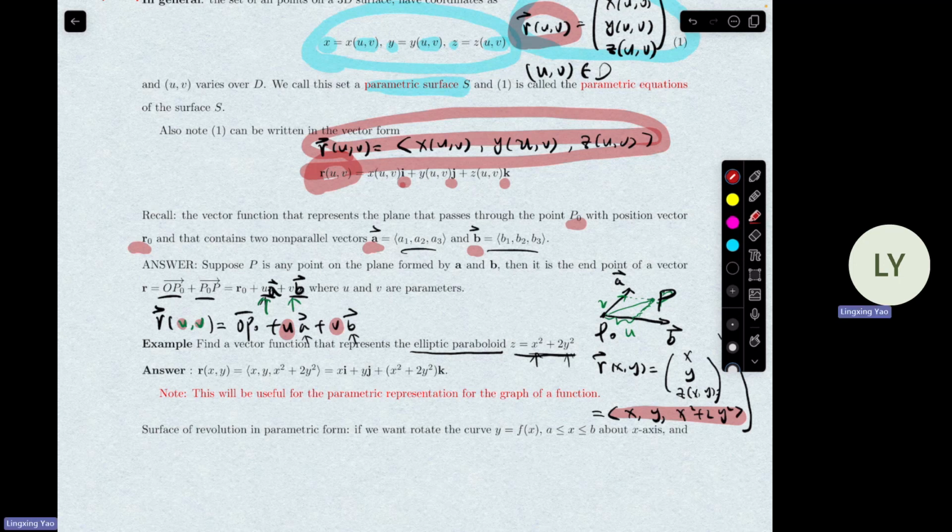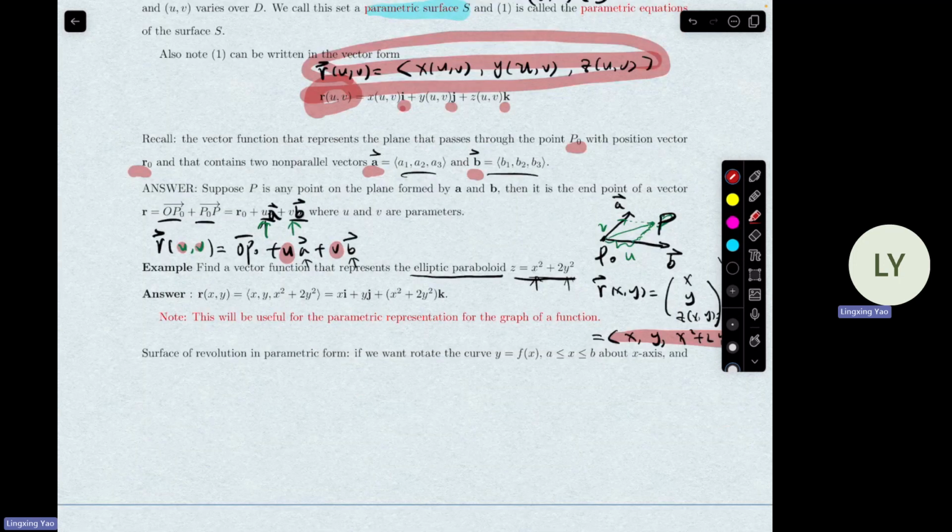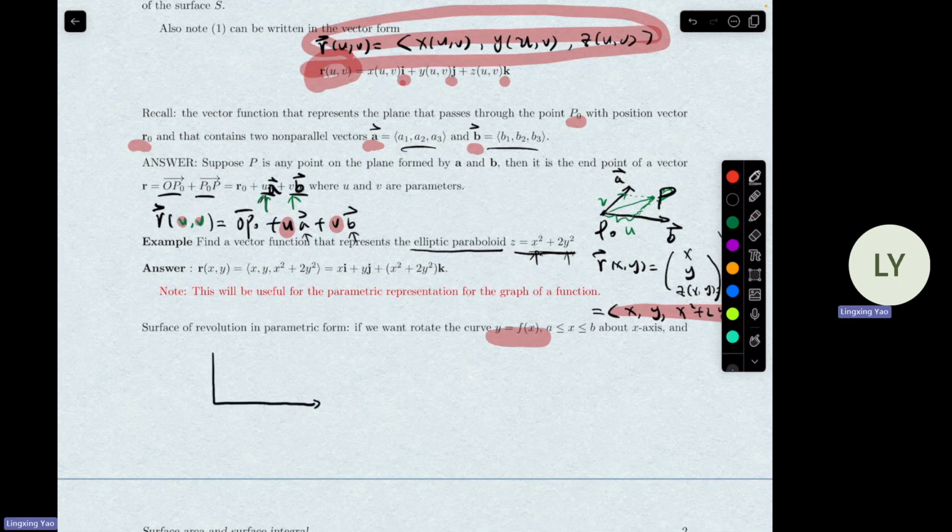For example, we can think about the surface that is generated by rotating a function given here. So, well, let's look at it. If we have, this is the x, this is the y, and this is supposed to be z.